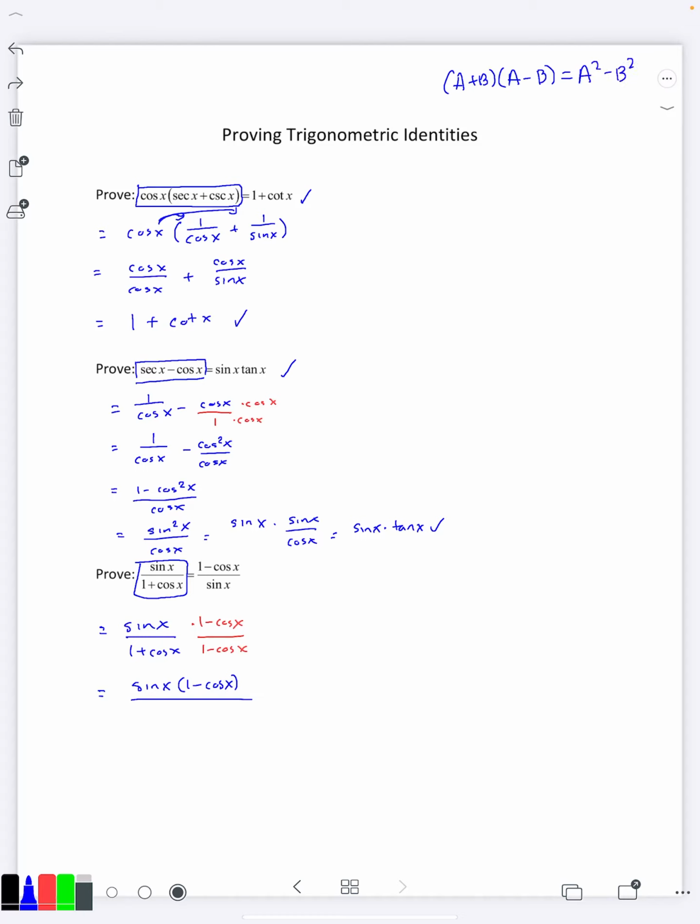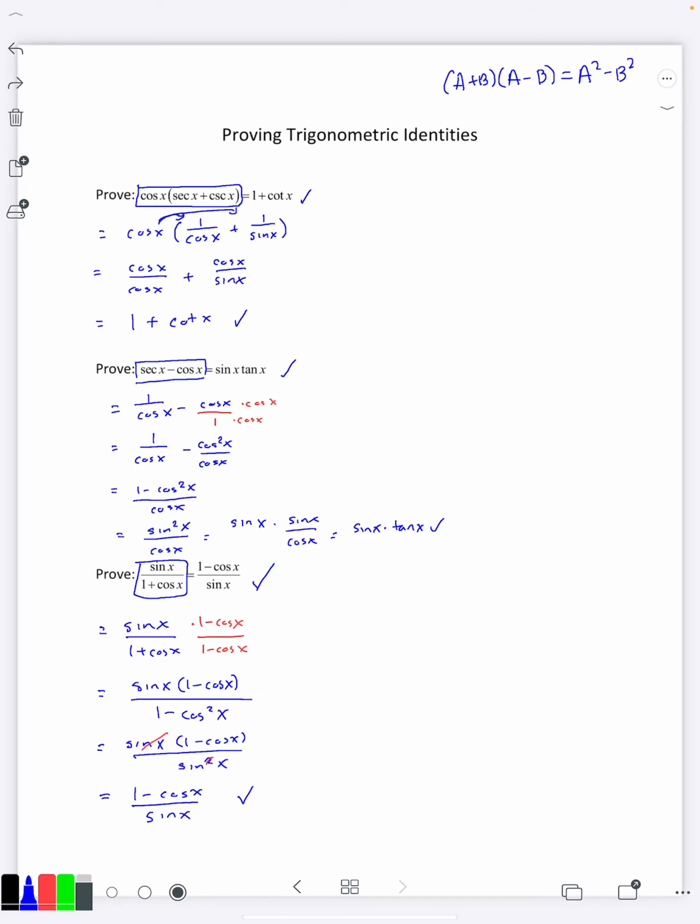And that's the well-known Pythagorean identity. 1 minus cosine squared is sine squared. And finally, one of the sines can cancel out top and bottom, leaving me with 1 minus cosine x over sine x, which is exactly what the right-hand side that we were going for is. And now we've proved all 3 of these trig identities.